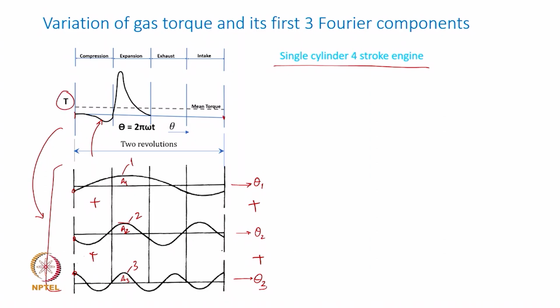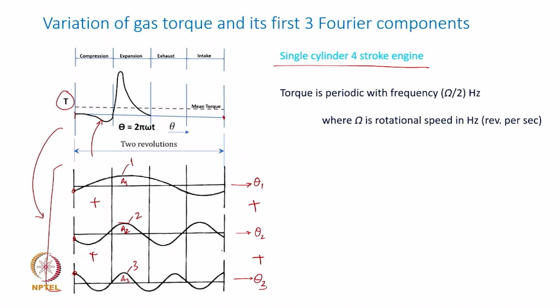Now, there would be some additional important elements to be known in this particular example. The excitation torque is periodic with what frequency now? It is not with frequency rho.